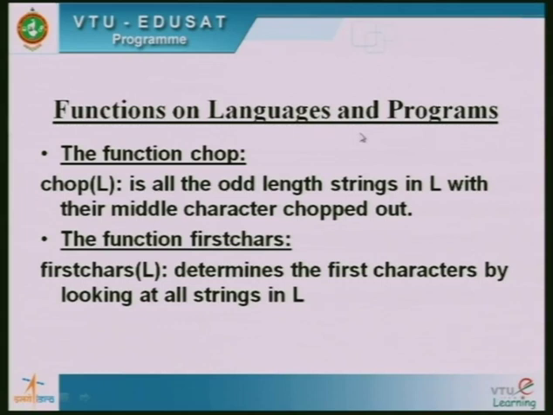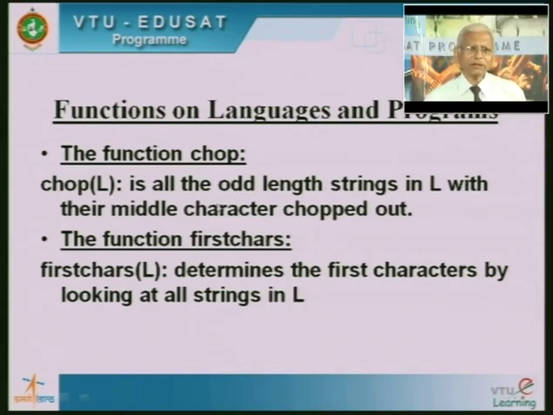Now, we have some more functions defined, and whether they are closed or not. Chop is a very simple function. It takes all the odd length strings in L with their middle character chopped out. I will give an example for that.